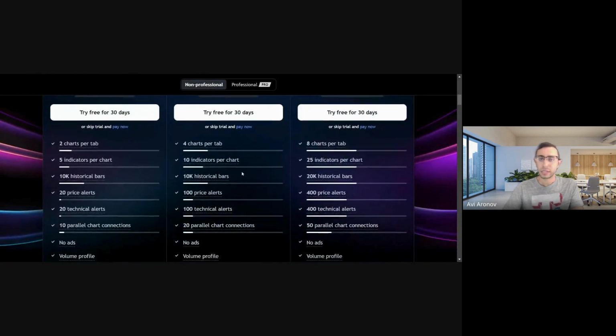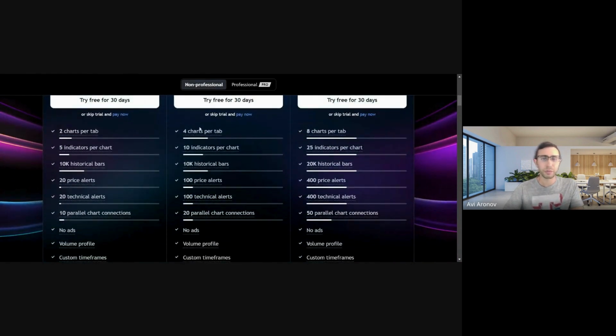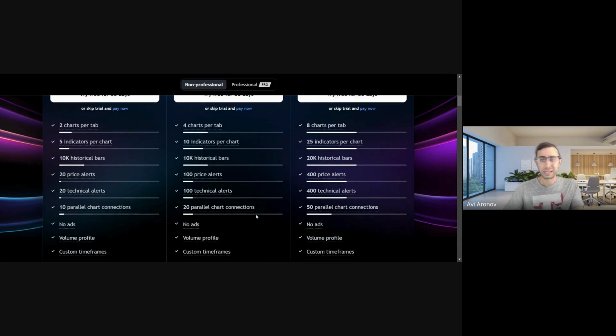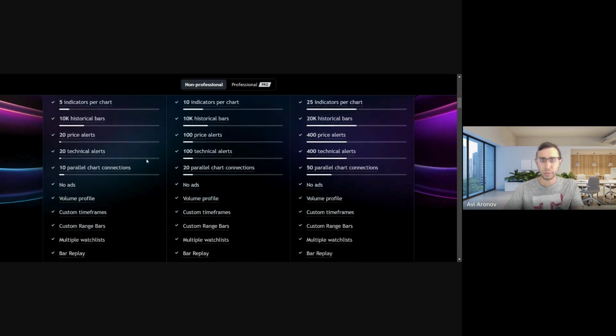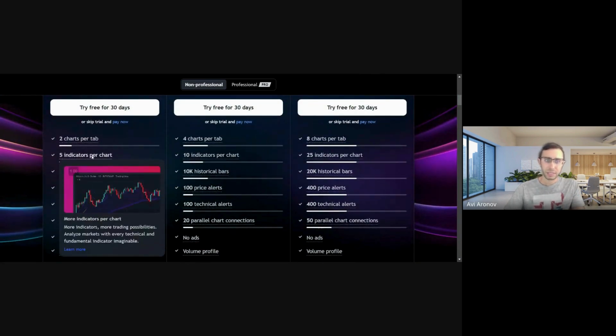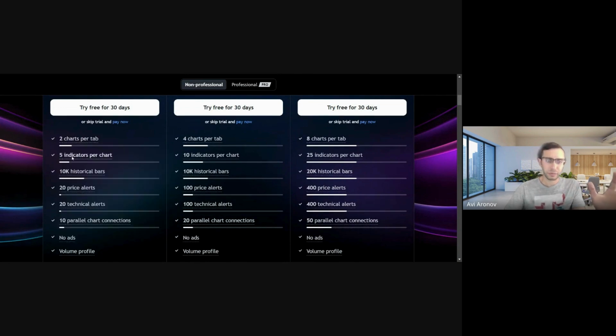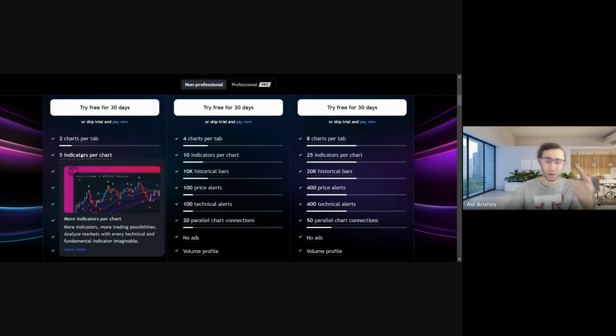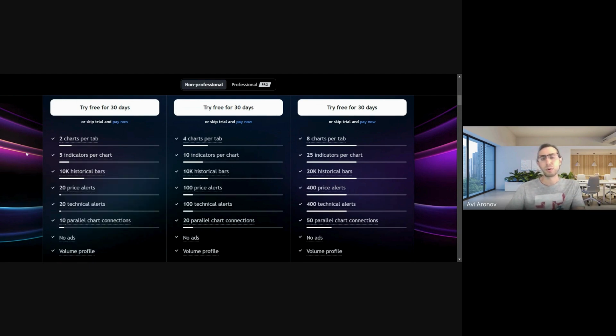So you can read over the types of plans that you have here, and the types of features that you will be receiving. Honestly, 5 indicators, more than enough on a chart. I use one indicator, and also very rarely. Most used indicators will be like RSI, moving averages, MACD, volume, and that's it.